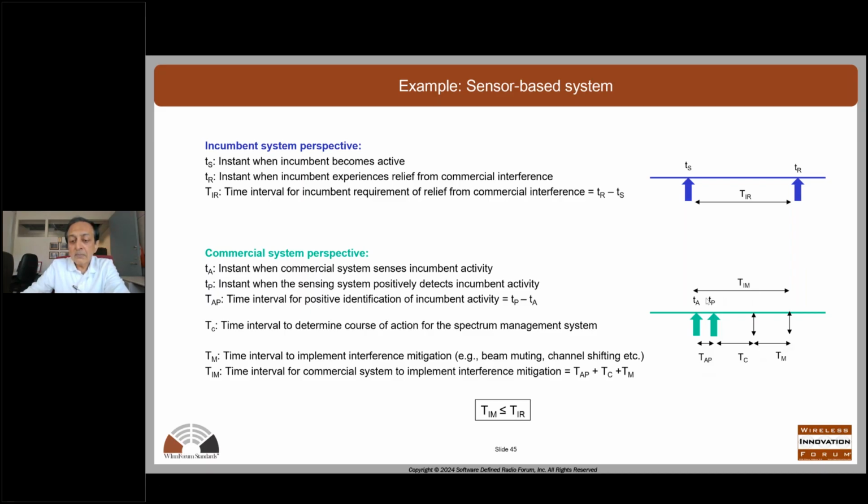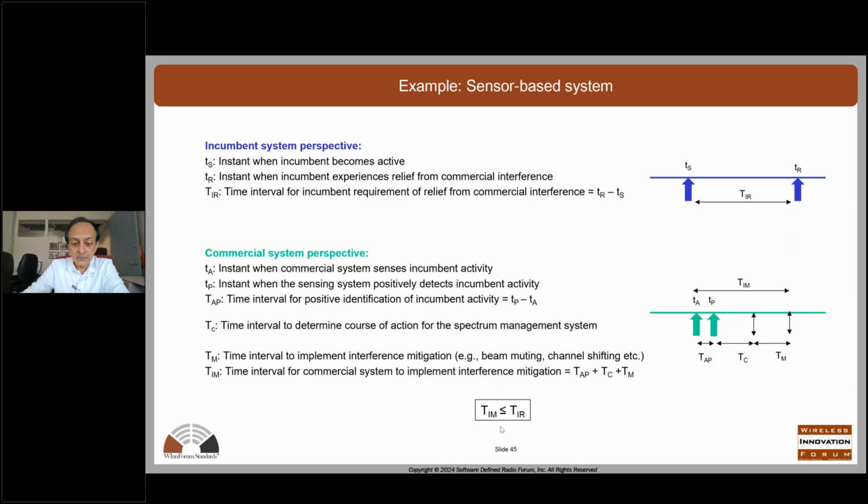If you say T sub IM is the total interval from sensing the activation all the way to implementation of a mitigation, then from a requirement perspective, as you can see, this implementation time should be less than what is required from the incumbent system perspective.